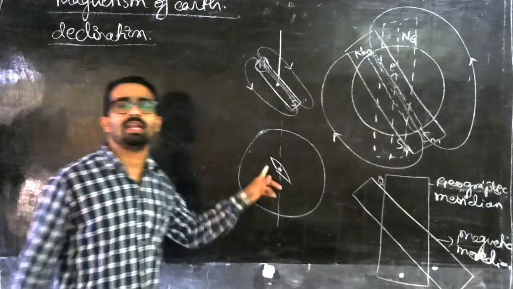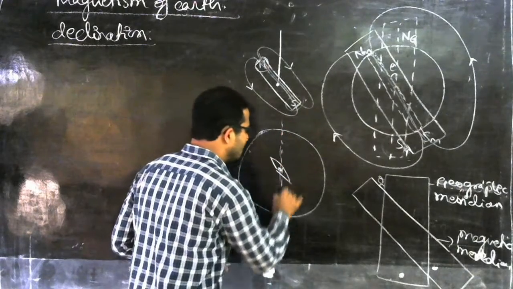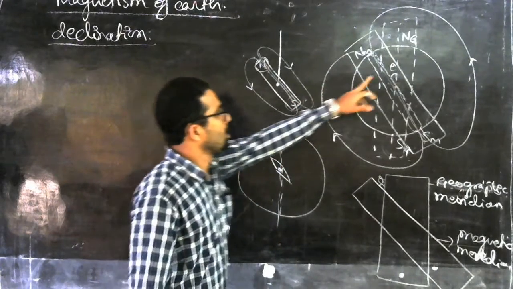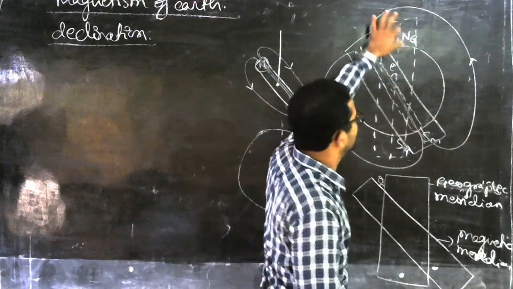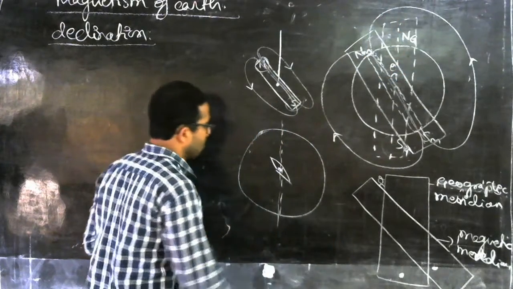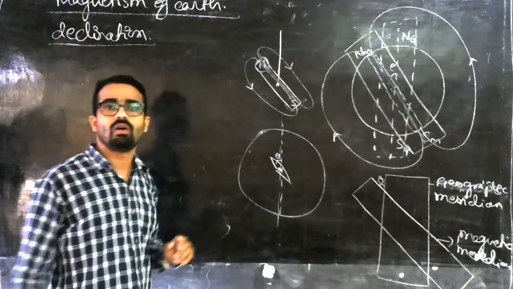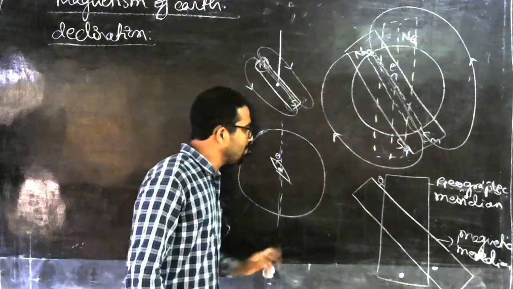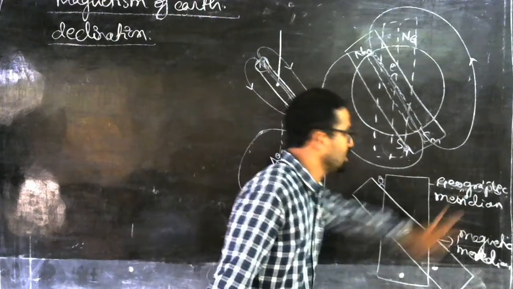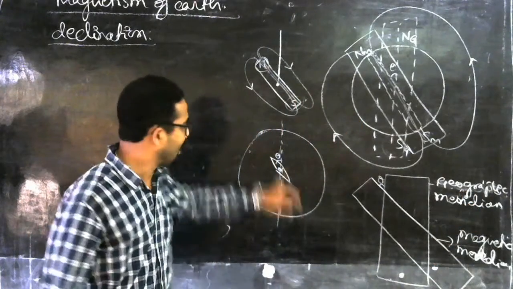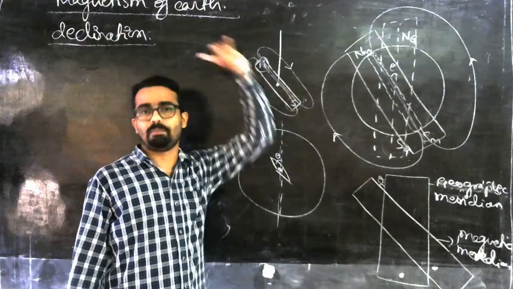Your needle will align in this direction. This is the direction of the axis of rotation this side. And here you can get some angle. That is the angle between the magnetic meridian and geographic meridian. So that angle is called D.